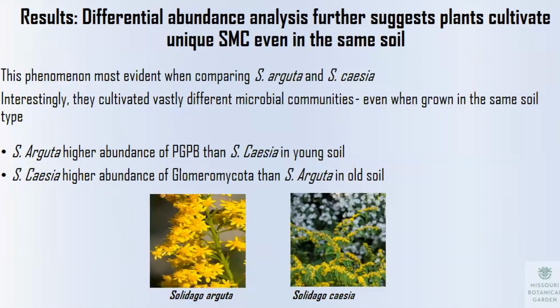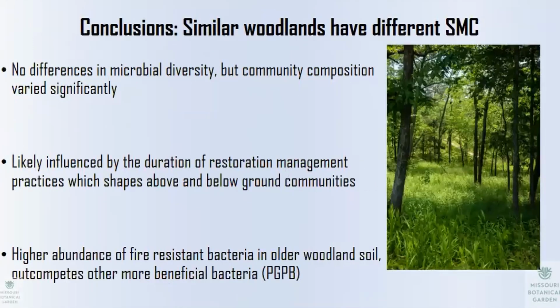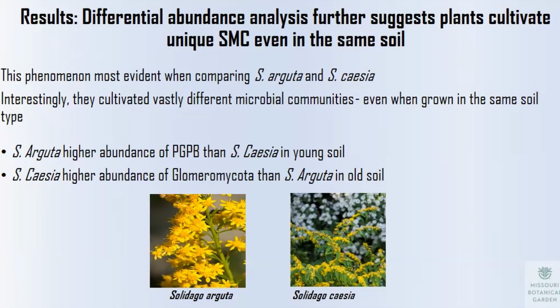And this phenomenon could not be any more evident than when we compare the two Solidago species. These two phylogenetically, morphologically similar plant species that are often used relatively interchangeably in restoration cultivated completely different communities when grown even in the same soil.